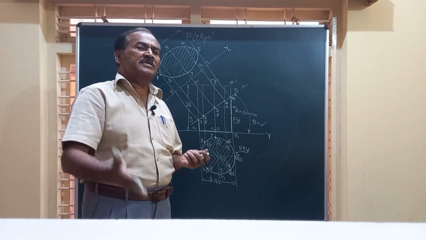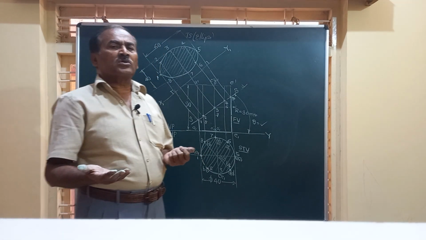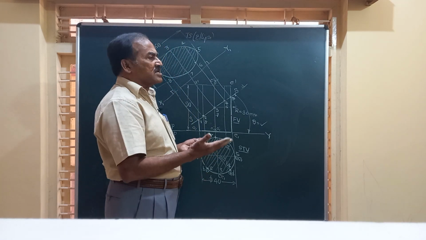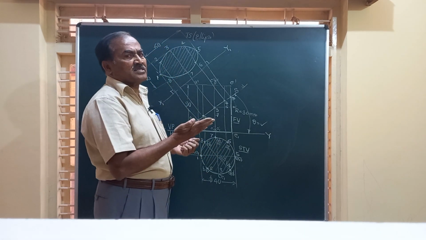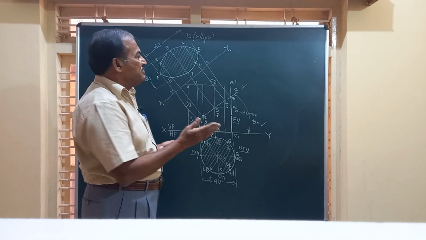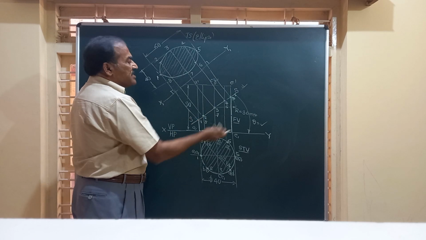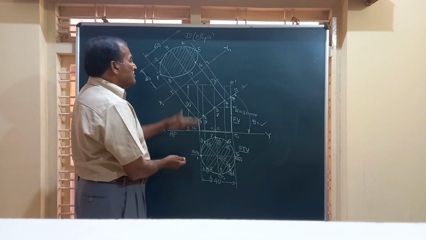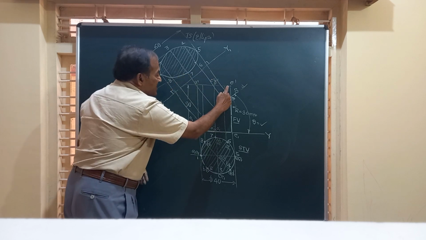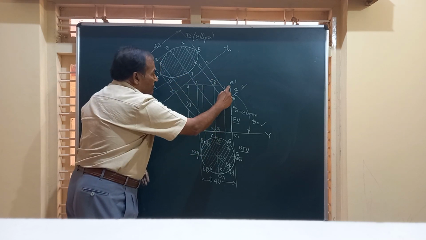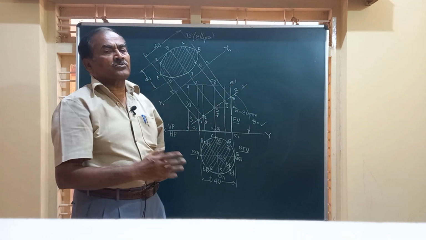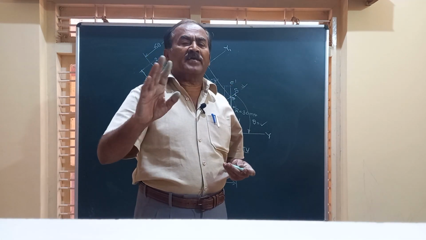So whenever a cylinder is resting on one of its ends on HP and it is cut by a section plane, a vertical section plane which is normal to VP and inclined to HP, anywhere between the top and bottom faces, including the highest points here and here, the true shape you get is going to be an ellipse.